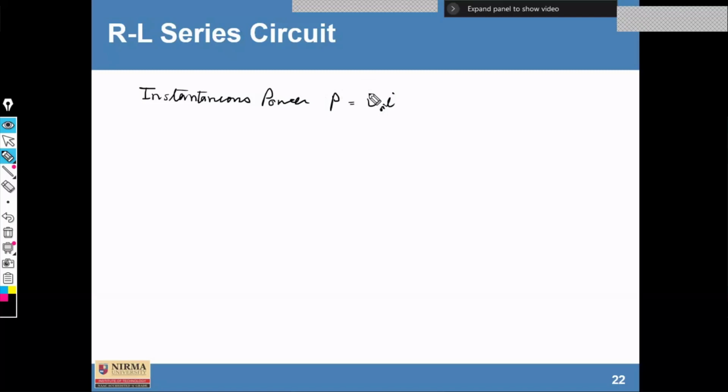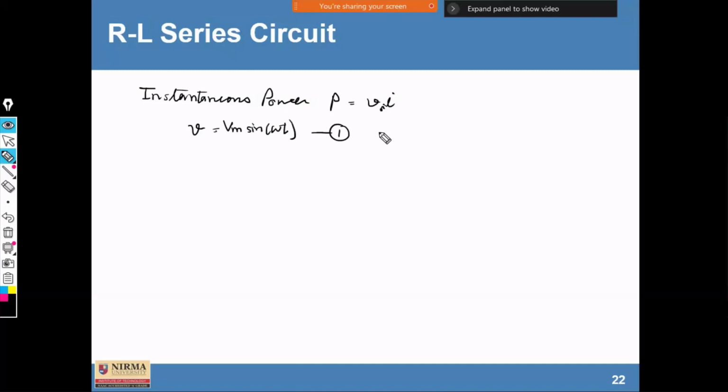Now we have two different equations for the RL series circuit. One is V equal to Vm sin omega t, and the equation of current is I equal to Im sin(omega t minus phi).